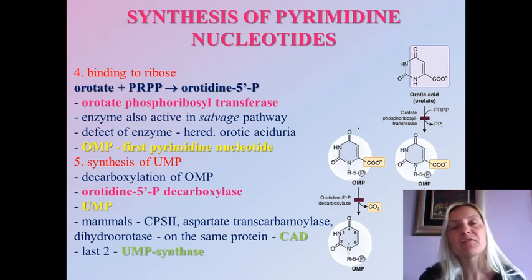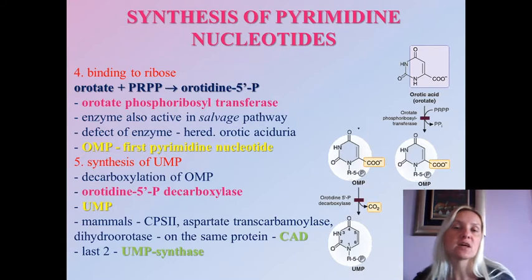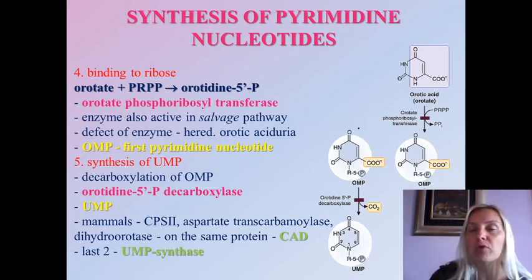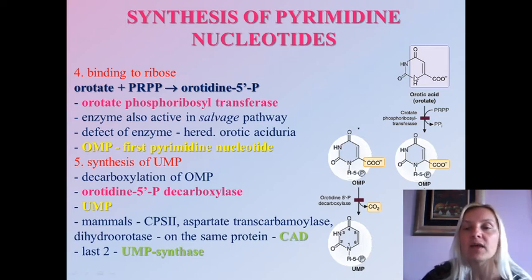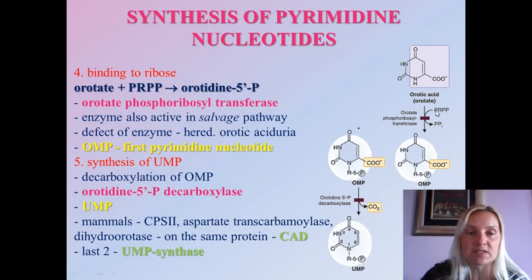Now, when we have the first pyrimidine base synthesized, we have to attach a sugar moiety. So in reaction number 4, we have the binding of a ribose molecule, ribose 5-phosphate, to orotic acid or orotate, and the reaction is catalyzed by orotate phosphoribosyl transferase, and the donor of the ribose group is, of course, activated phosphoribosyl pyrophosphate.